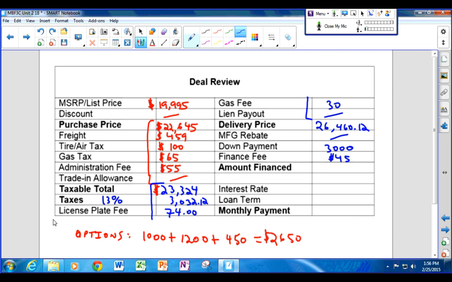So what I did, it's maybe not really obvious, I subtracted the down payment and then I added the finance fee to this number right here. Okay. So that's it. And then this one, there's nothing there.